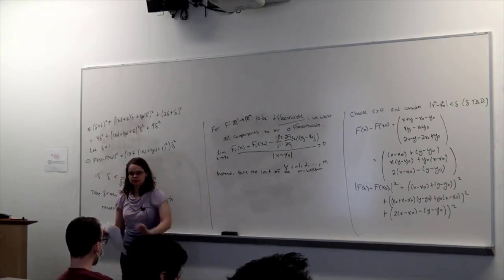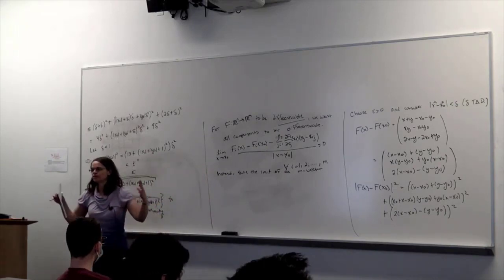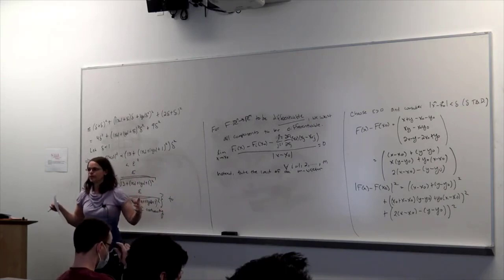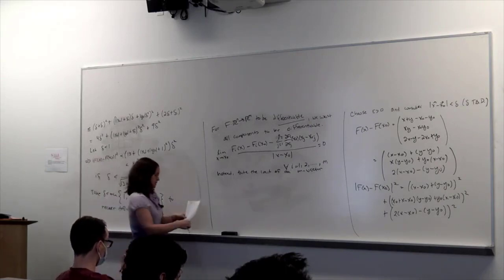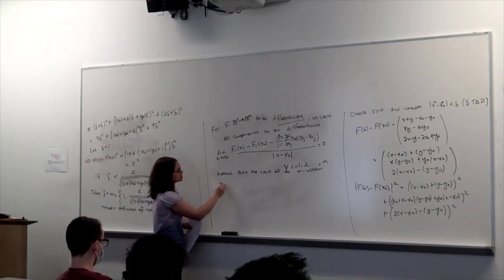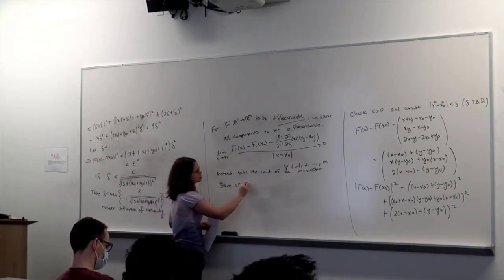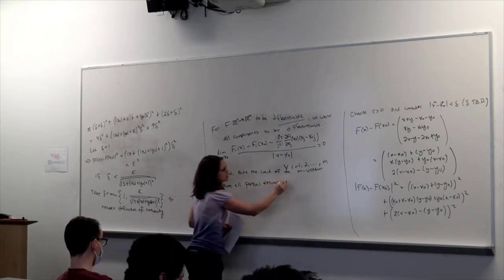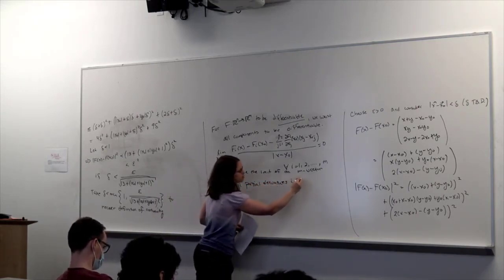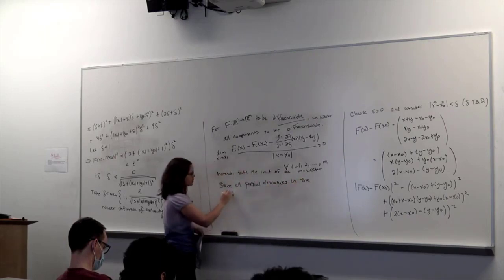We're going to store them together, and we end up with a matrix with all of this partial derivative information. This is going to be called our Jacobian matrix. So let's store all these partial derivatives in a matrix, which we'll call the Jacobian matrix.